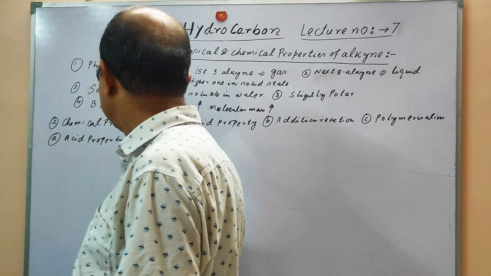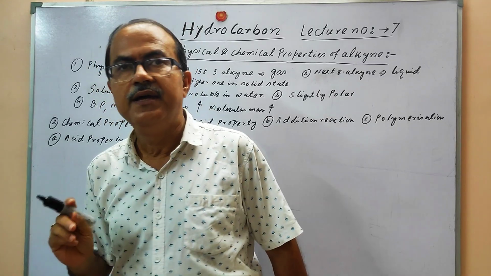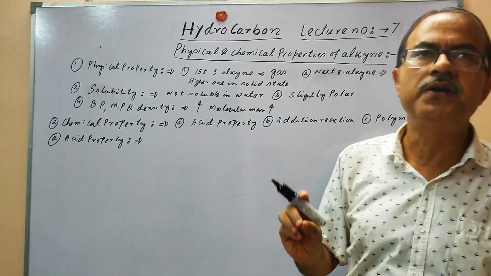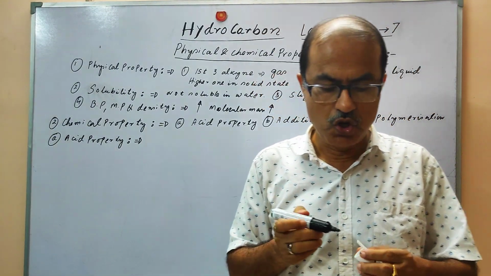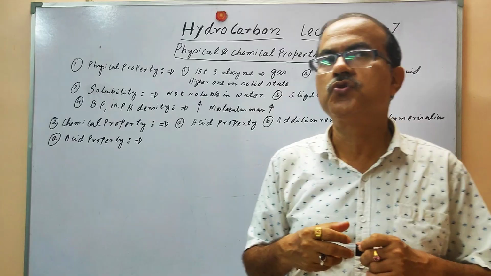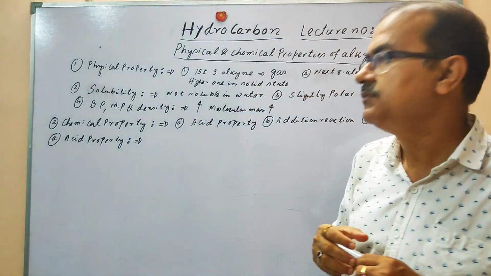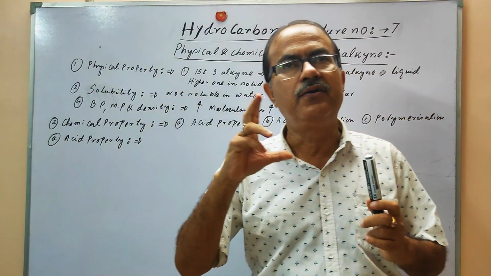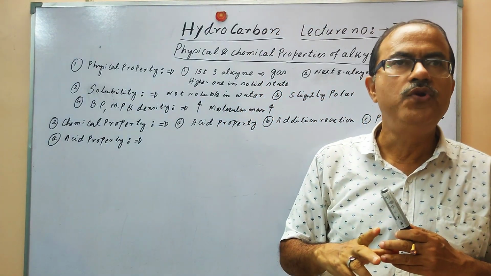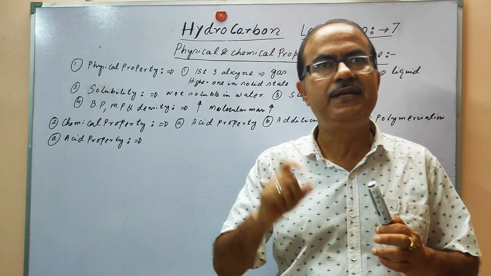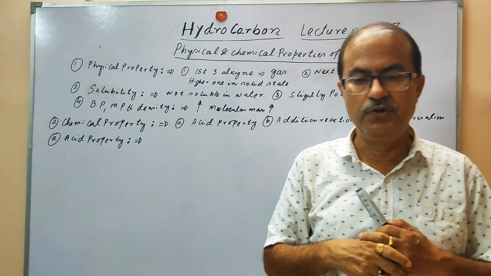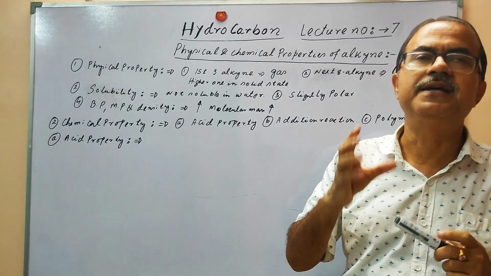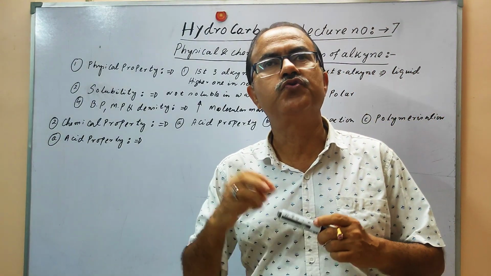What is this? Basically, this property is a very distinguishing property of the alkyne as compared to the alkene or alkane, because those two hydrocarbons do not show this property, but alkyne shows this property when it is reacted with active metals like sodium or sodamide.